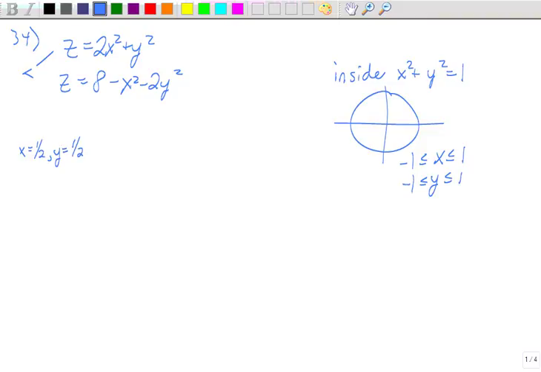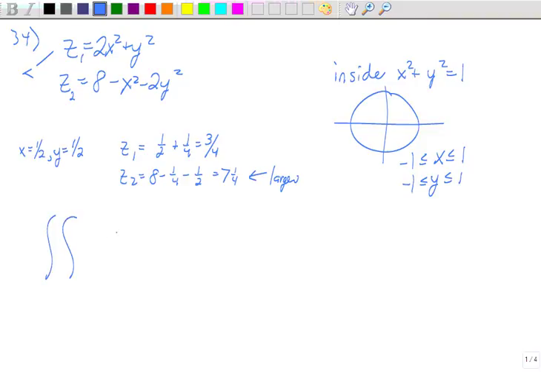So the first one, let's call that z1. z1 is going to be a half plus a fourth, that's 3/4 at that point, and z2 is going to be 8 minus a fourth minus a half. Well, that's 7 1/4. z2 is larger. So when you subtract, z2 is going to be first, because you have to go the larger function minus the smaller function.